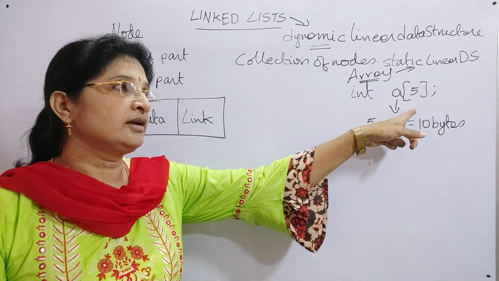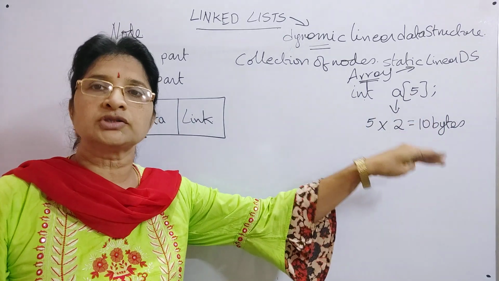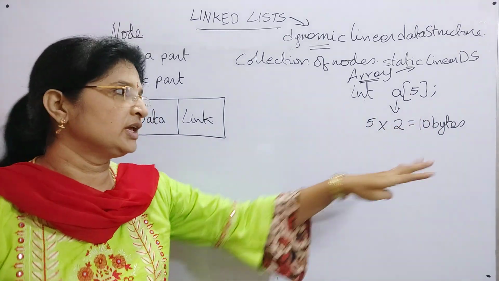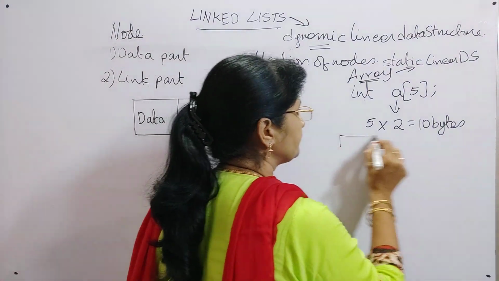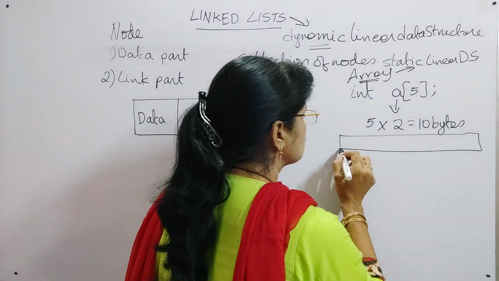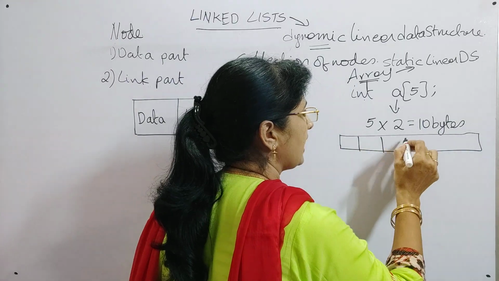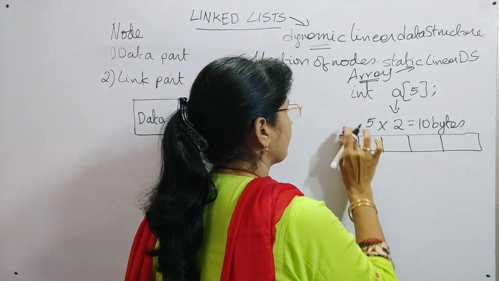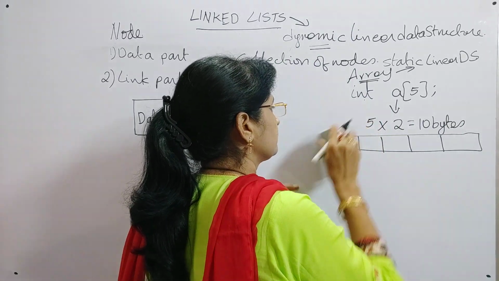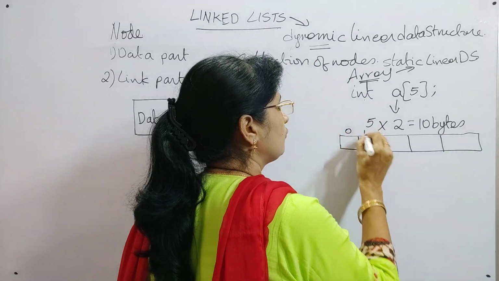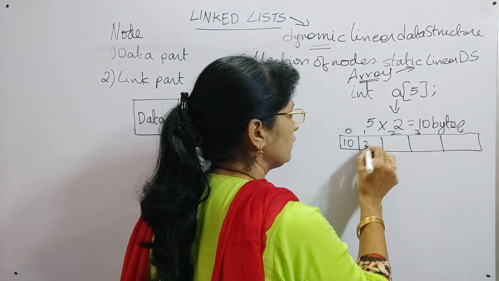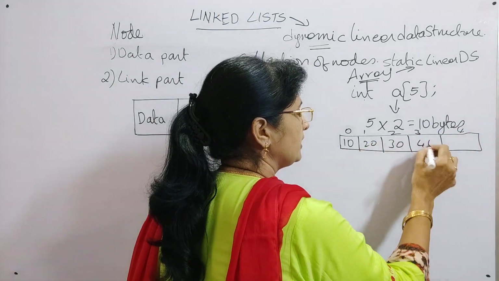Whenever you are using an array, that is also an example of a list. Here also the elements are stored like this. For example, take this array with indices 0, 1, 2, 3, 4 and values 20, 30, 40, 50.